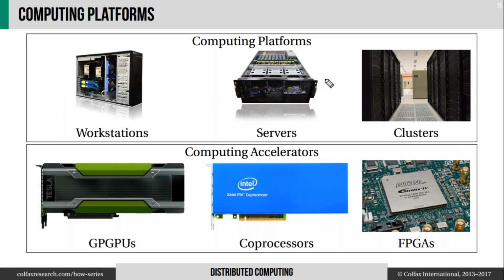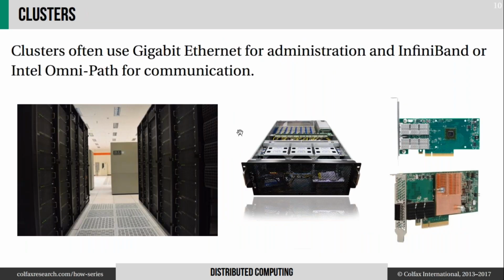What we will talk about today is what happens when you connect many of such systems with a network. And if this network is tightly packed, you get a computing cluster. For communication in the cluster, you may use either standard networks such as gigabit Ethernet or 10 gig Ethernet, or you can go for dedicated high-performance fabrics such as InfiniBand, pictured here, or Intel OmniPath, pictured there.